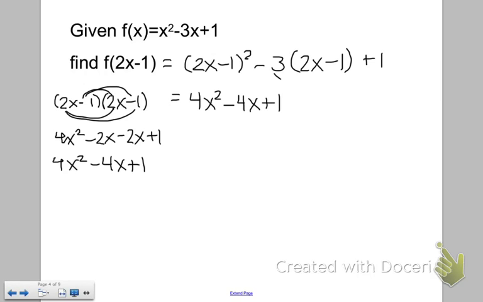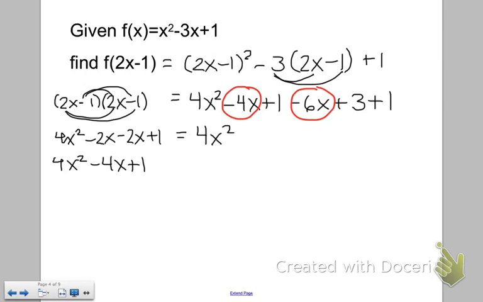I'm going to go ahead and distribute through this 3, minus 6x plus 3, plus 1. Now we've got some like terms we can combine here. There's only one x squared term, so I'm going to copy over my 4x squared. If I check out my x terms, I have a minus 4x minus 6x, so that will give me a minus 10x.